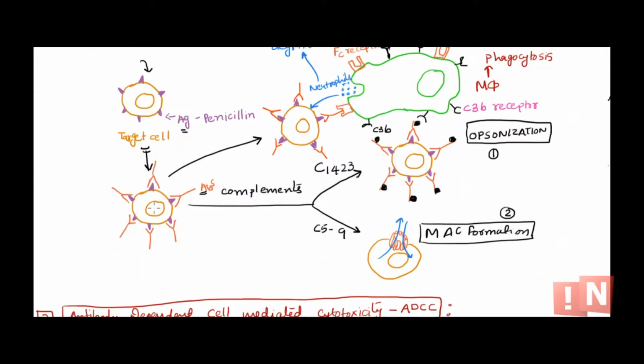Now once the antigen antibody complex is made, it is going to activate the complement system. One way is the MAC formation, where the C1 to C9 cascade reaction will occur and there will be formation of a pore on the surface of the antigen. If you have not seen the video and don't know about this mechanism, just have a look at the complement pathway.